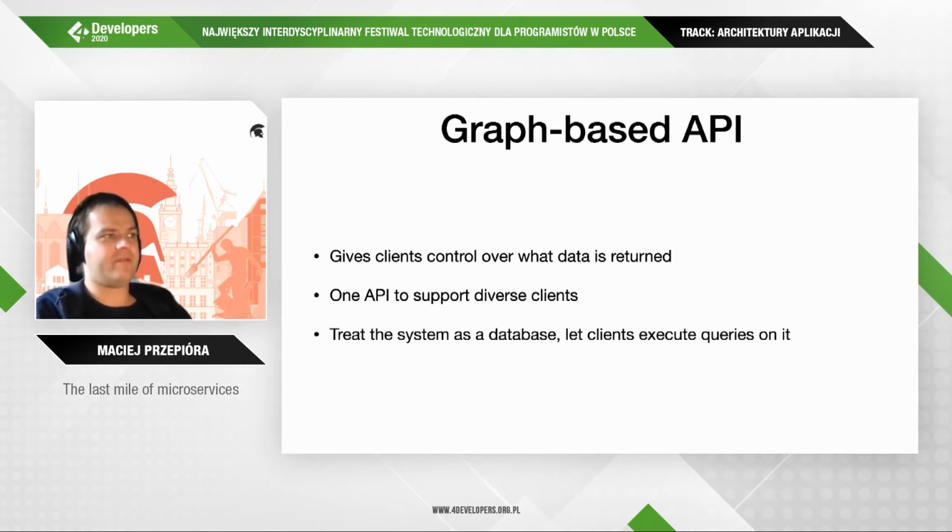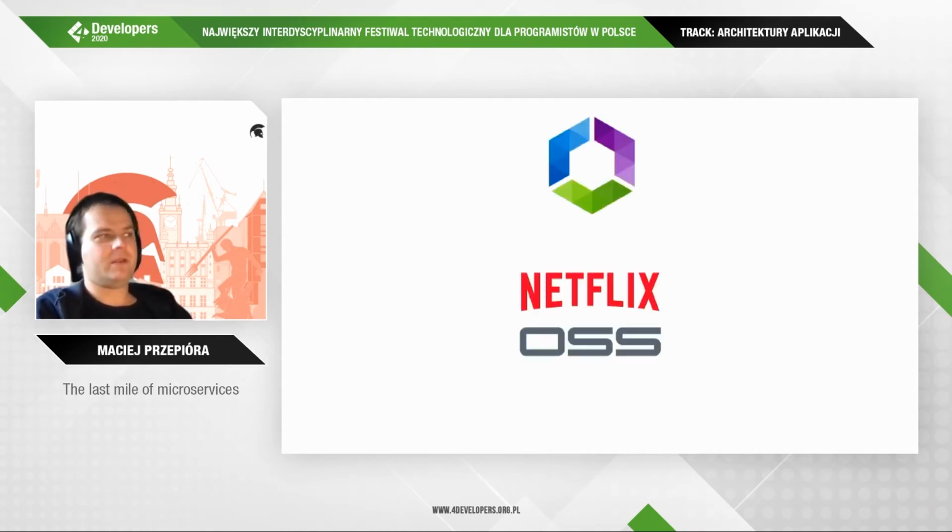The pros of using graph-based APIs are that they give clients control over what data is returned. There is usually one API to support diverse clients. The third statement is somewhat of a simplification, and I would say it's a bit too much, but in a way it lets you treat the system as a database and let clients execute queries on it, right?